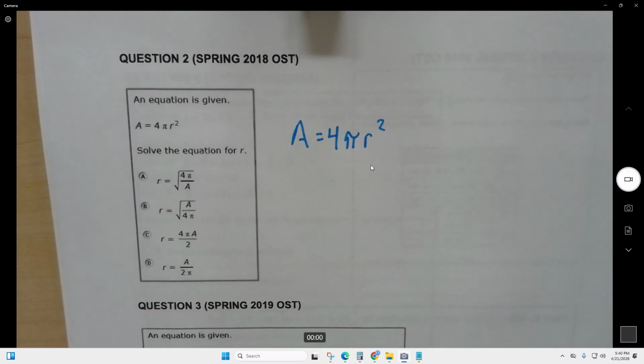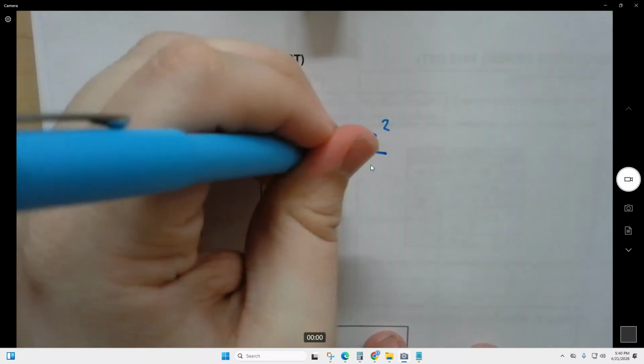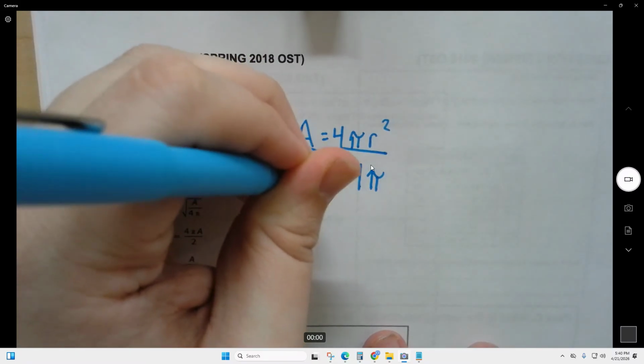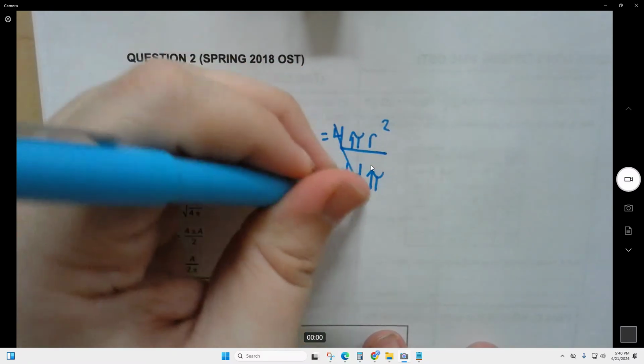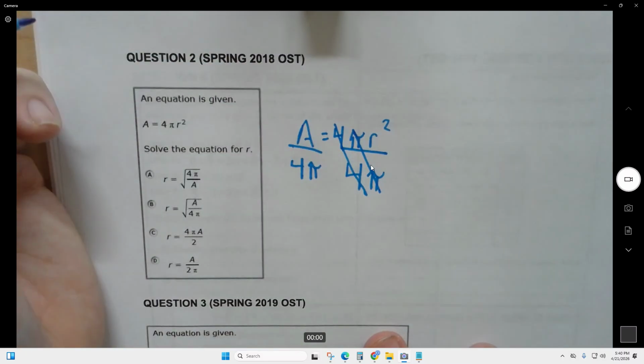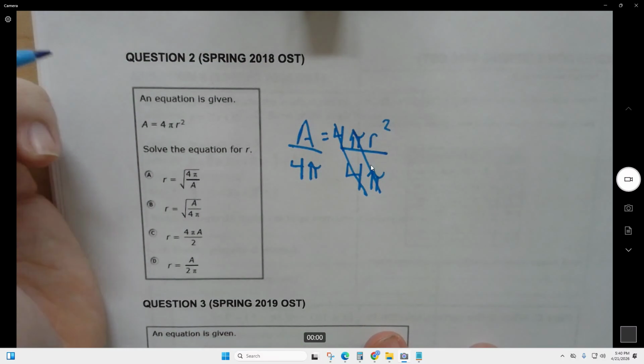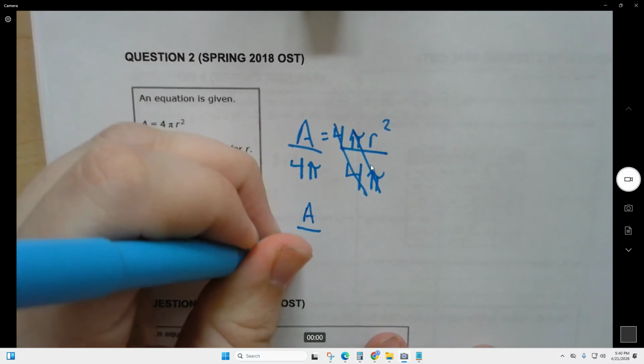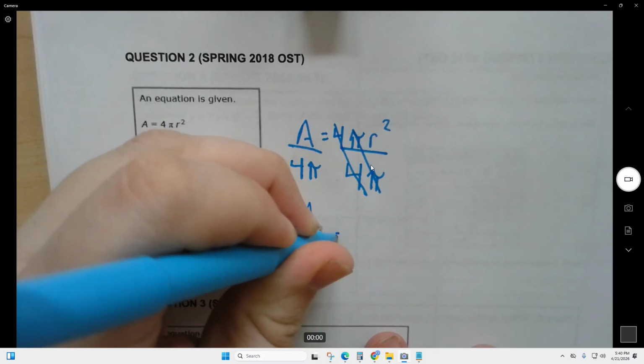4 is being multiplied by R. Pi is being multiplied by R. You can just divide each side by 4 pi. You can divide by pi just like you can divide by any plain constant or variable, because pi ultimately at the end of the day is just a constant. So you're left with A over 4 pi equals R squared.